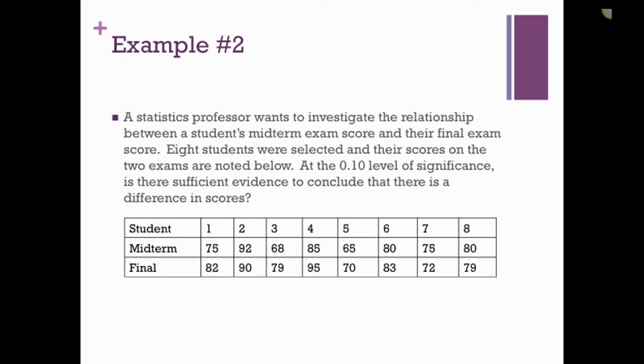What we're trying to determine is at our specific level of significance, which is going to be 0.10 for this problem, is there enough evidence to decide if there's a difference in midterm and final exam scores? So the first thing we do is we determine our null hypothesis. And our null hypothesis is that student grades are not different from the midterm exam to the final exam.